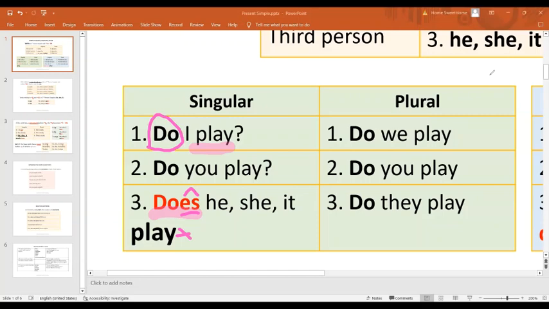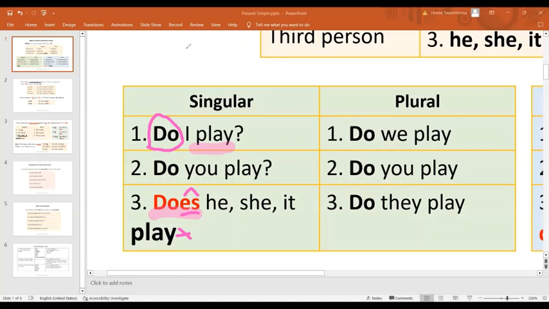Yes, you do. Yes, I do. Yes, we do. Yes, he does. What happens here? Same verb, marks present simple, and the question is the same.